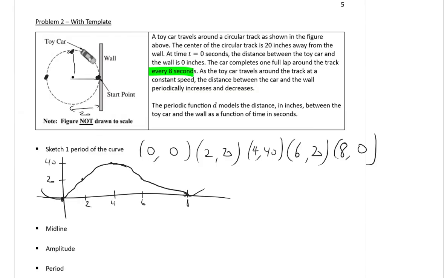It'll look like this, okay? That'll increase again, and then like that, okay? To make it more like one of the sines or cosines. All right? Very bad sketch, apologize, but that's approximately how it would look, okay?